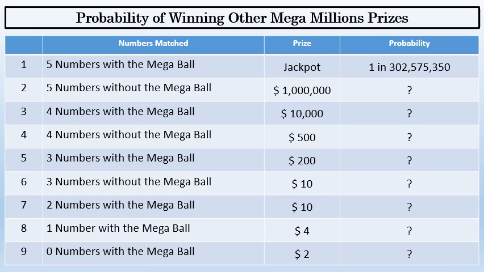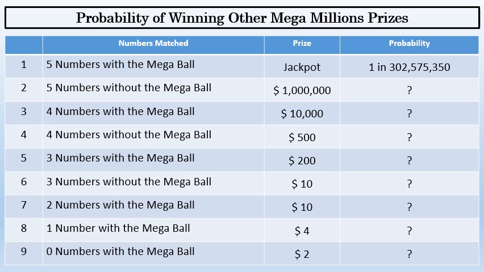Next, I will discuss the probability of winning the other smaller Mega Millions prizes. In addition to the jackpot, there are 8 other ways to win a prize in the Mega Millions drawing. As you would expect, the more numbers you match, the bigger the prize. Matching 5 numbers without the mega ball wins you $1 million. The prize amounts go down from there.